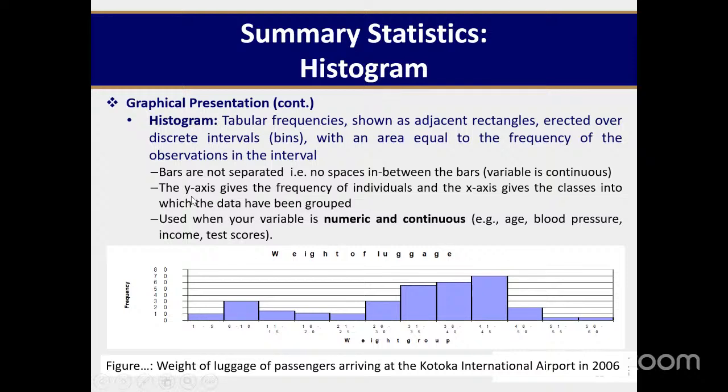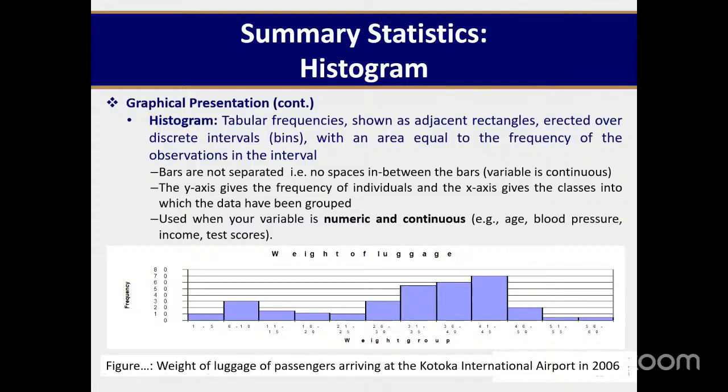In histogram, the y-axis will give the frequency of individuals. And that x-axis is the numeric or continuous, but then grouped into classes.